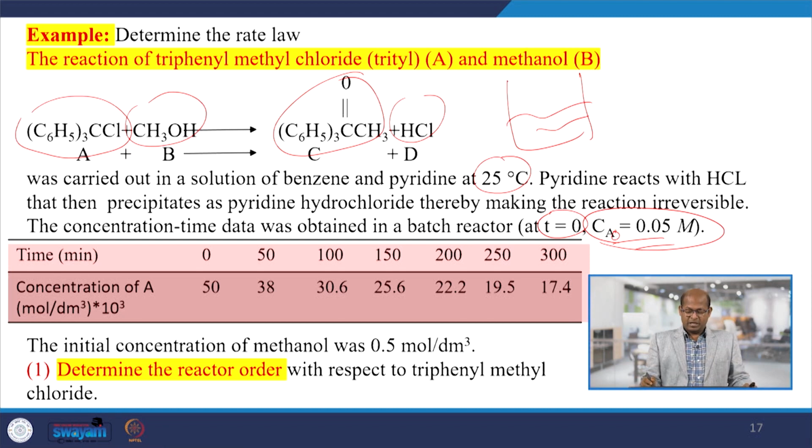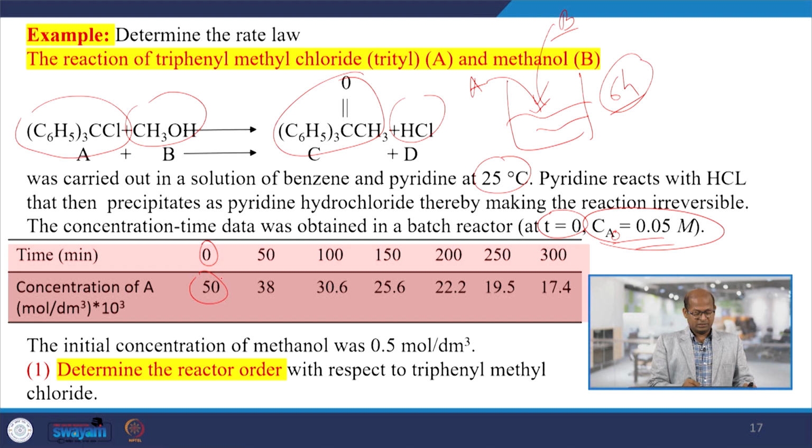Now, at different times, after charging A and B, we wait up to 6 hours, let us say, as the reaction is very slow. At 0 minutes the initial concentration was this, and after 50 minutes we get these concentrations, then after 100, 150, 200, 300 minutes.